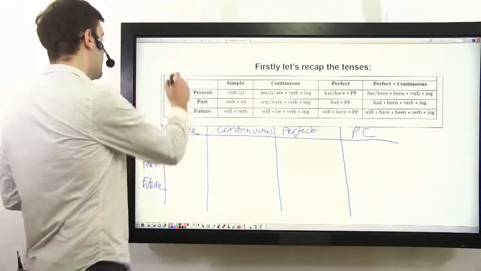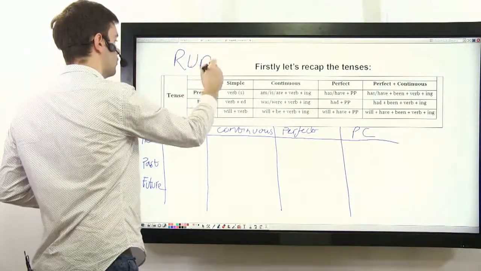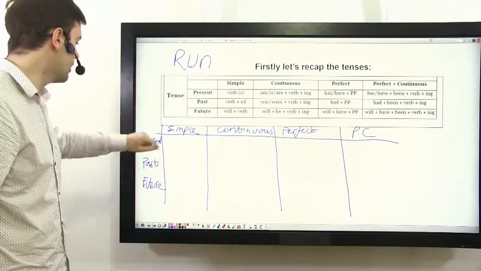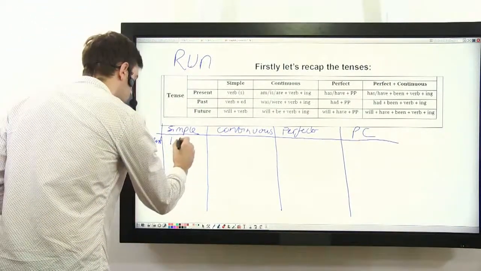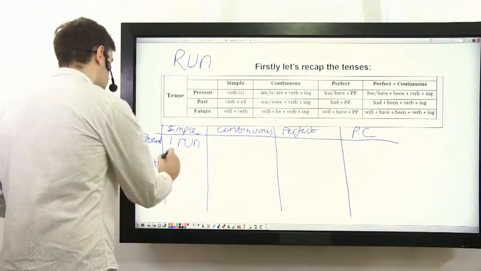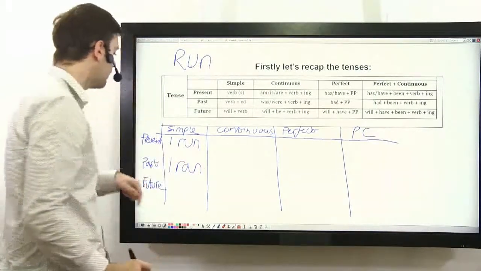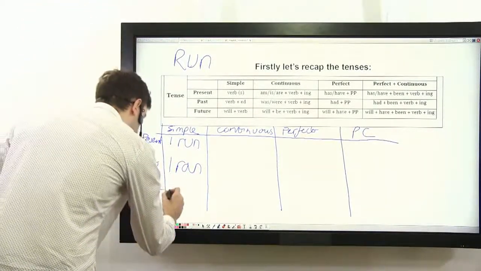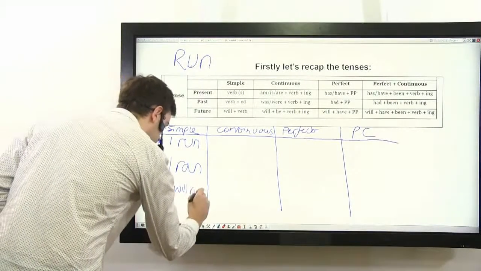So we'll use the verb run. So the simple present, I run. The past, I ran. The future, I will run.